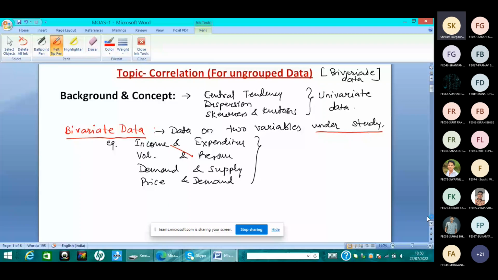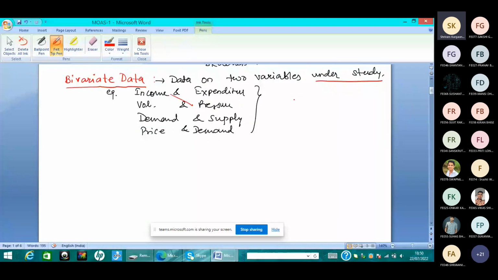How is bivariate data written? It is an ordered pair (xi, yi), where i takes values 1 to n, for n pairs of observations. It is also written in other forms. Suppose x is income and y is expenditure.